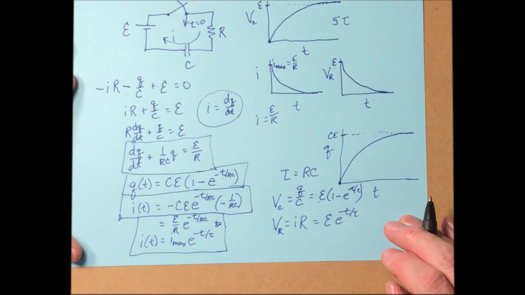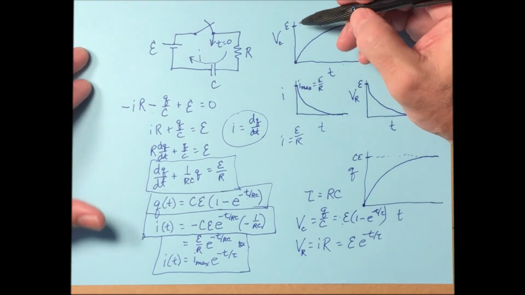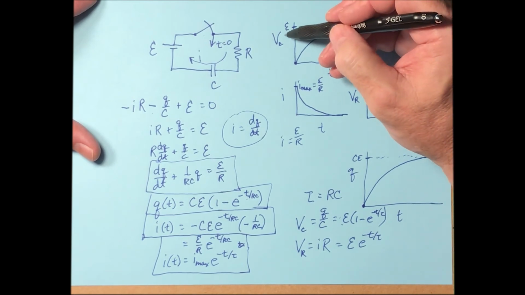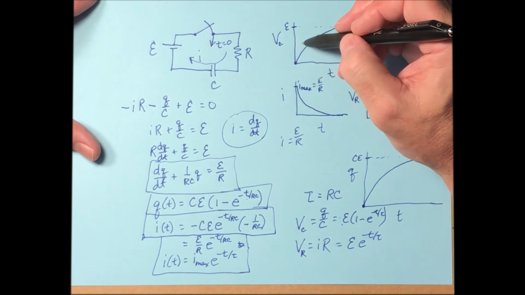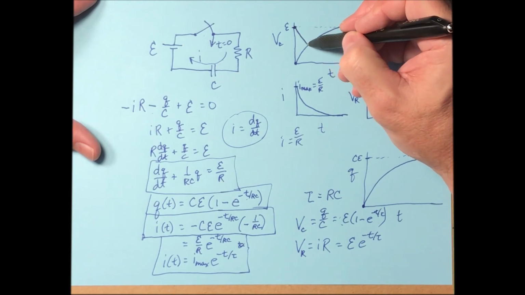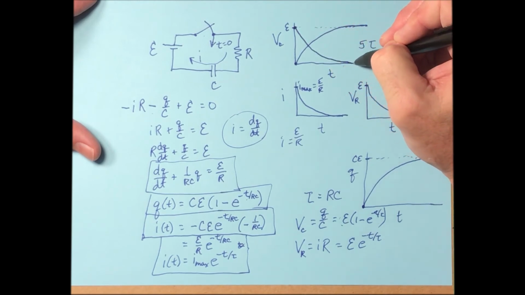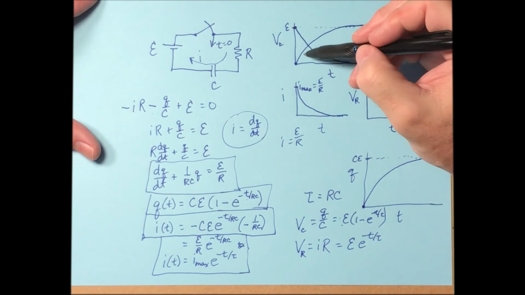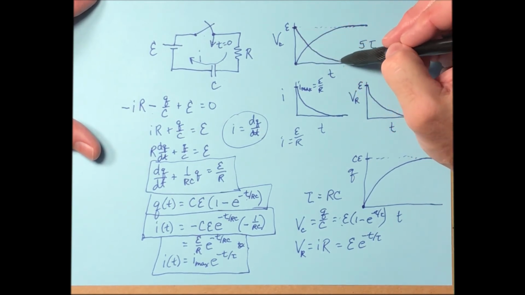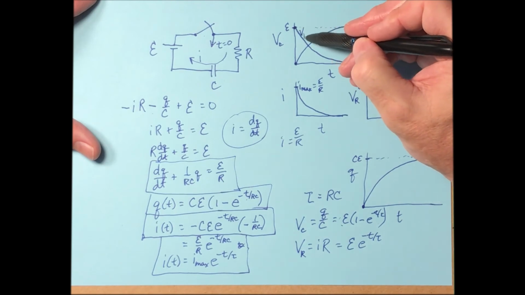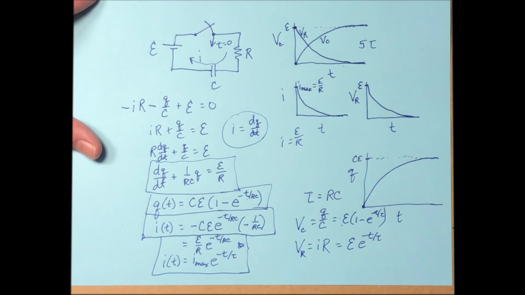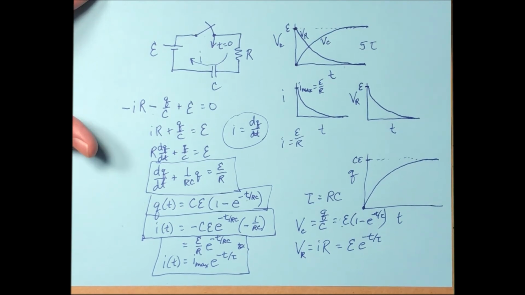So if we were to graph both of those, let's just use this right here because we've already got the voltage of the capacitor graphed here. If I also now graph the voltage of the resistor, it starts off up here and then decays down to nothing like that. So as the voltage across the capacitor rises, the voltage across the resistor decays. So this is the V sub R curve, and this is the V sub C curve. Okay, so you can see what's going on there.